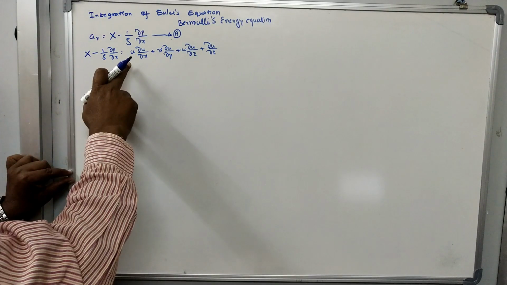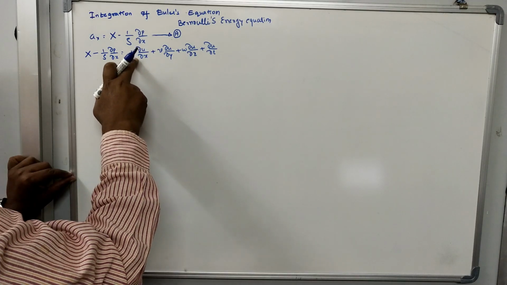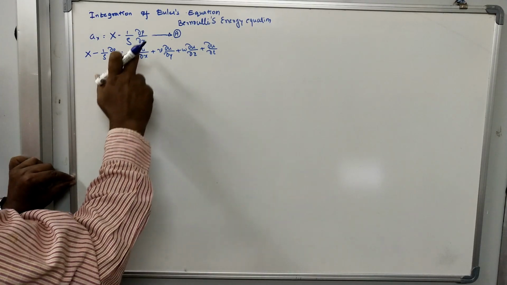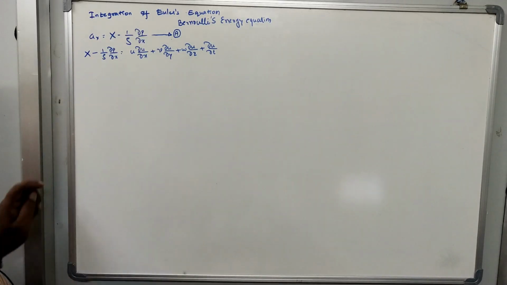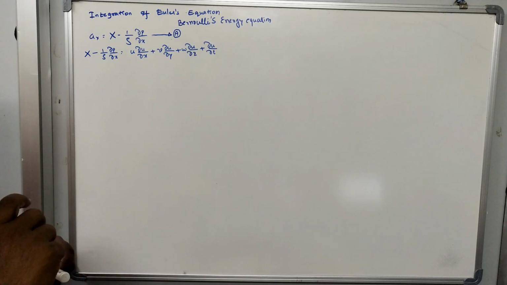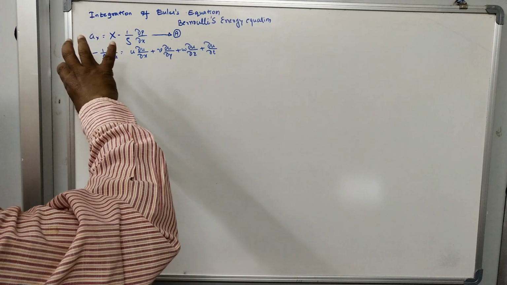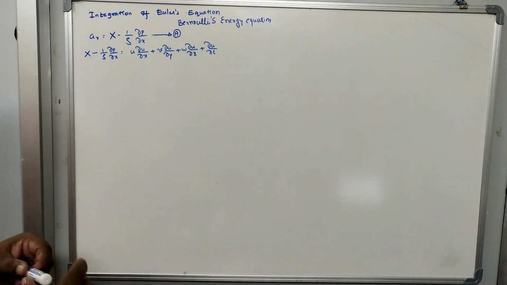So this is the same Euler's motion equation in terms of velocity, whereas equation A is the Euler's motion equation in terms of acceleration. Call this equation B, the Euler's motion equation in the x direction.